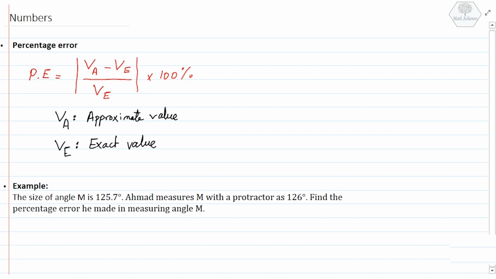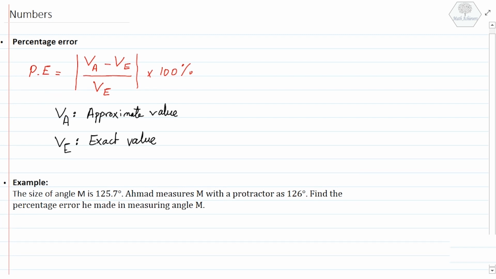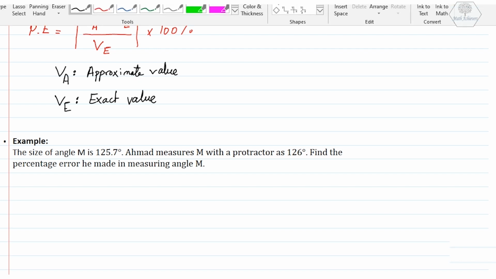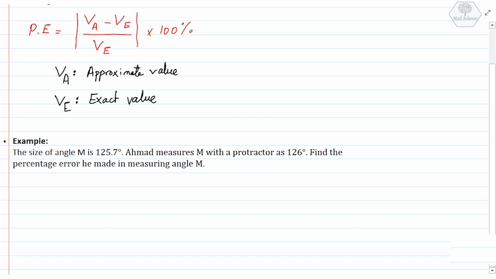Knowing our formula now, we can have an example. The size of angle M is 125.7 degrees.